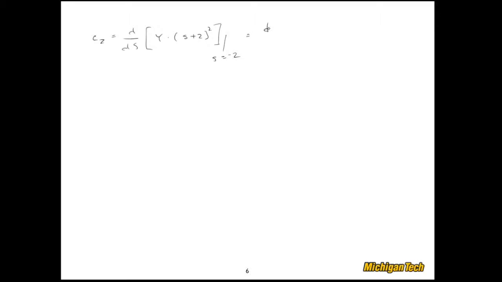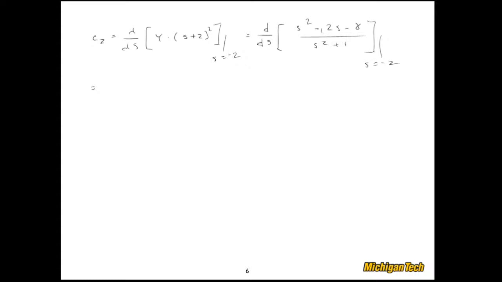Okay, so that's d/ds of, let's work all this out, (s squared minus 12s minus 8) over (s squared plus 1).